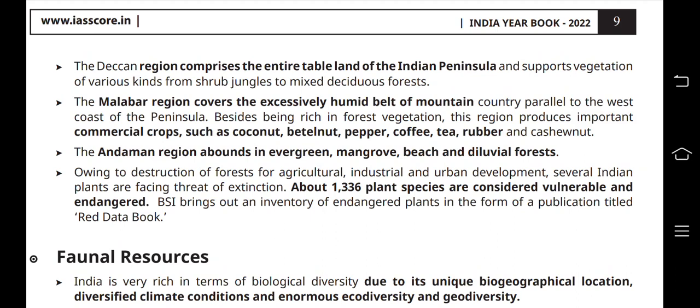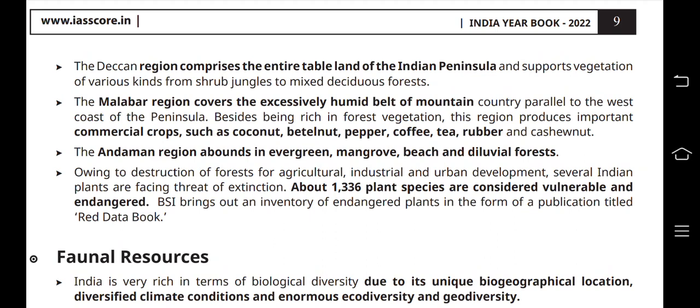Besides being rich in forest vegetation, this region produces important commercial crops such as coconut, betel nut, pepper, coffee, tea, rubber, and cashew nut.